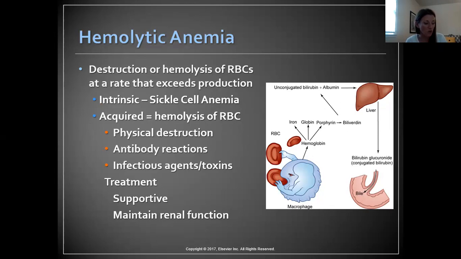More common causes are acquired hemolytic anemias, where the red blood cells are normal, but external factors cause damage. Hemolysis of red blood cells can be from physical destruction resulting from extreme force on cells, causing disruption of the red blood cell membrane, such as during hemodialysis or cardiopulmonary bypass. Antibodies may destroy red blood cells, and antigen-antibody reactions or infectious agents can also cause hemolysis.